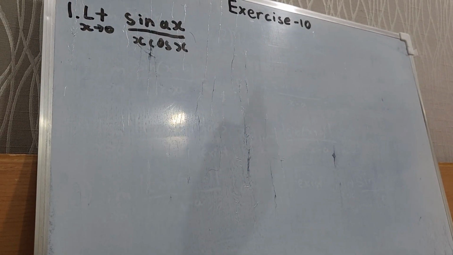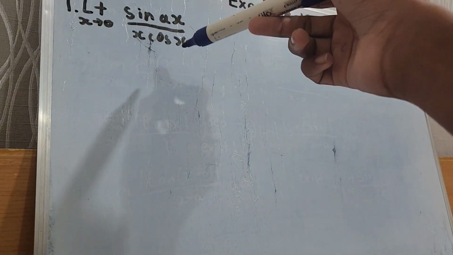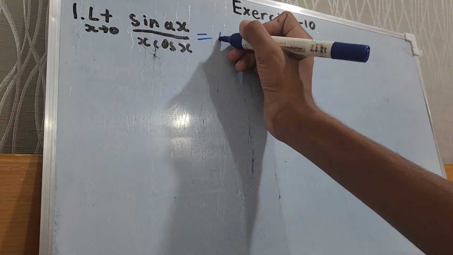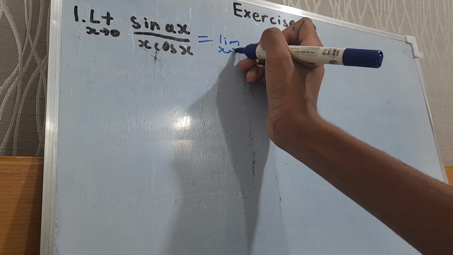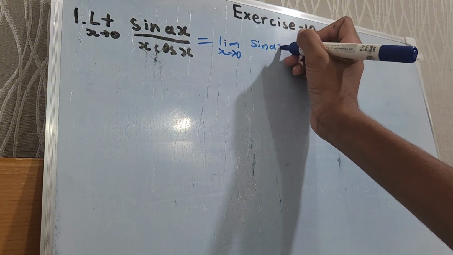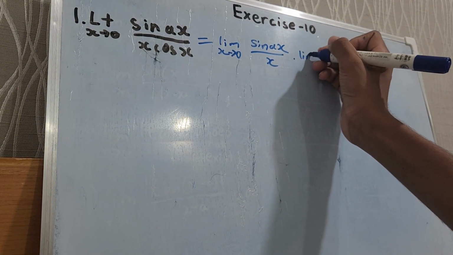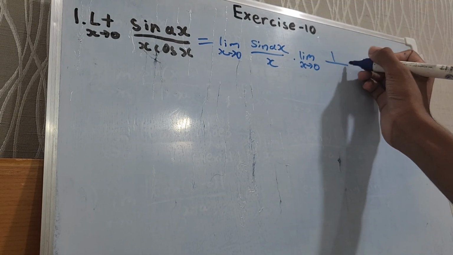Now we have the first problem: limit x tends to 0, sine x by x cos x. We split it as limit x tends to 0, sine ax by x, into limit x tends to 0, 1 by cos x.